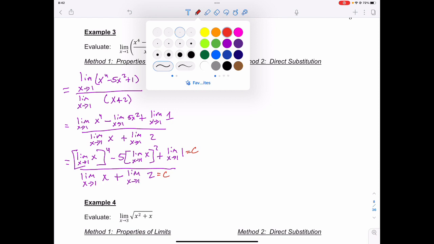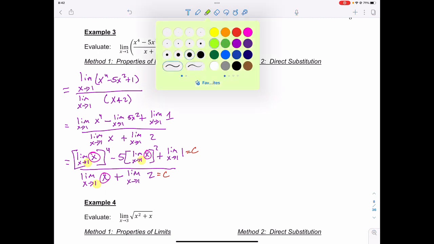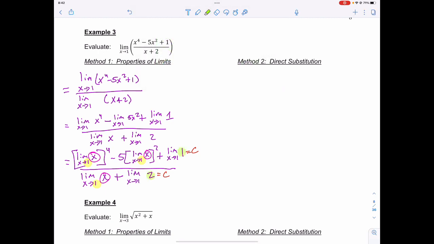And now that we're taking the limit of x for all of these, I'm just going to replace that with the a value of 1. So I'm replacing the constants with the constant. And I'm replacing the x's with the a value of 1.